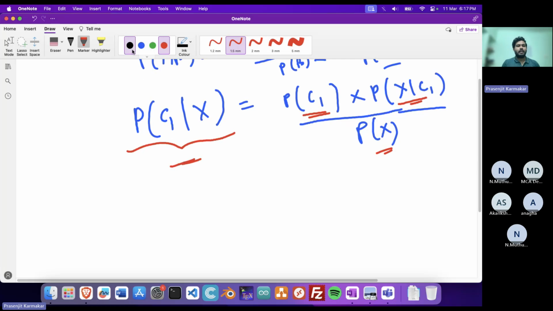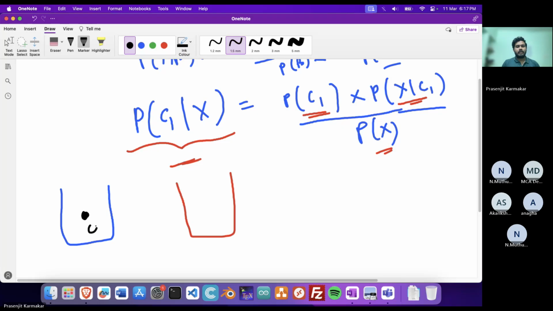Let's say I have a blue basket and a red basket, and I have black balls and green balls.